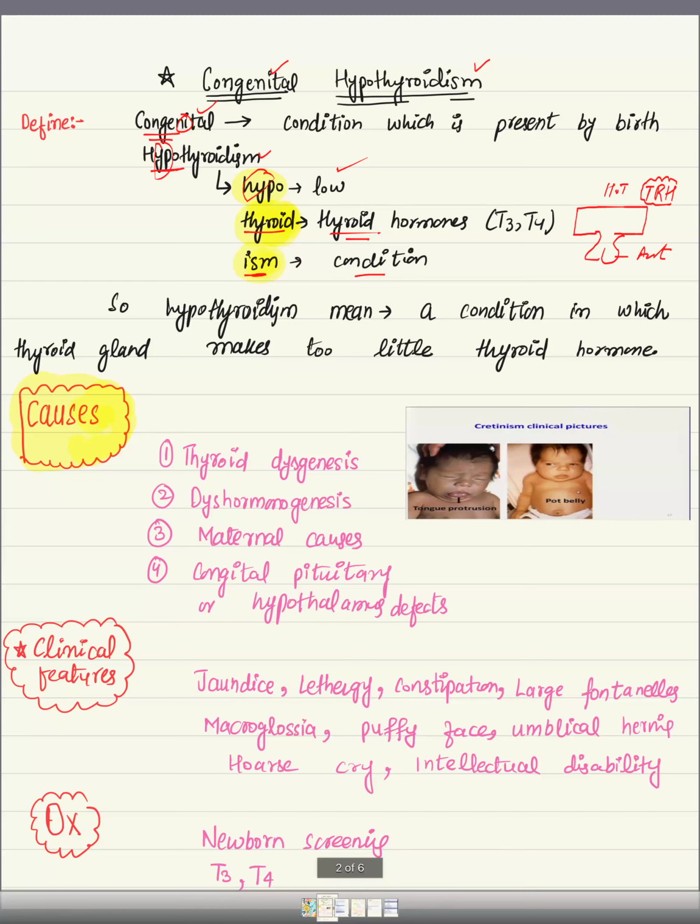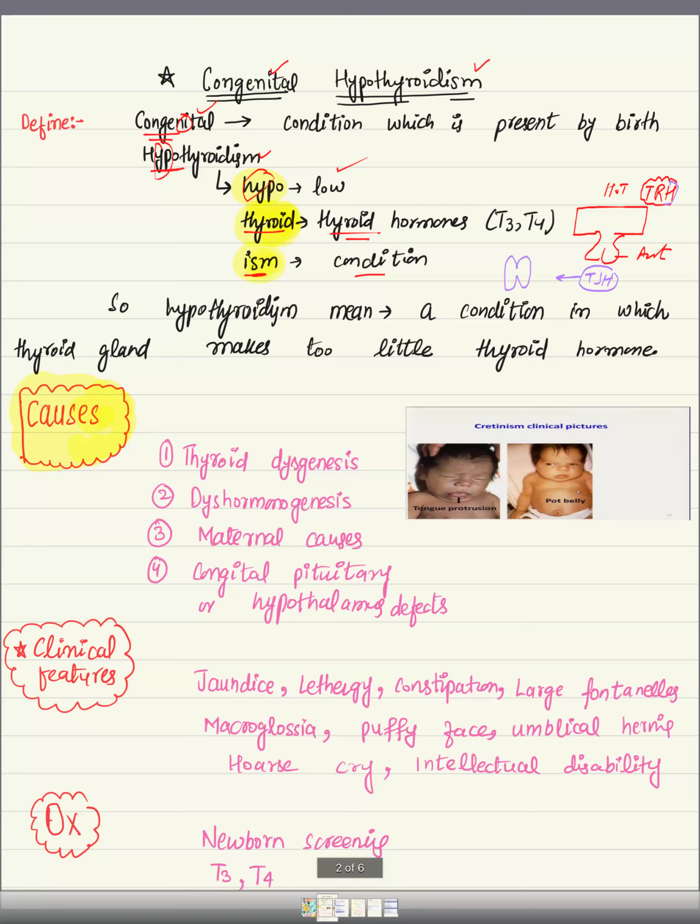In the anterior pituitary, we have different kinds of cells, but the cells which produce TSH are called thyrotropes. So in the anterior pituitary, we have the thyrotropes. The TRH coming from the hypothalamus will act on those thyrotropes, and those thyrotropes will release TSH, thyroid stimulating hormone, and that hormone will go and stimulate the thyroid gland.